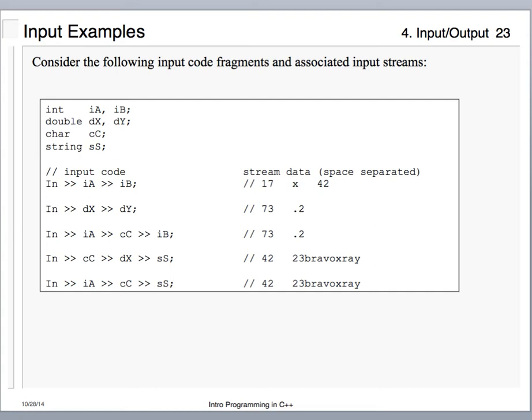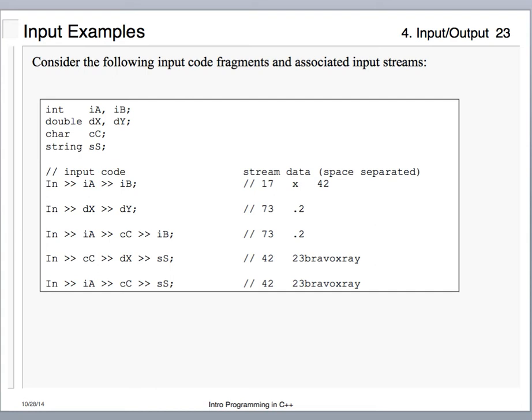And we'll see how to do that in just a minute. In the second example, we're reading two doubles. In this case, the 73 could easily be converted to a double, so even though that's maybe not what we intended, that's in fact what would happen. Of course, the .2 does satisfy the requirements to be a double. In the next case, we have an integer, so the 73 is fine, followed by a character, which the dot would satisfy, followed by an integer, and we'd get the 2.